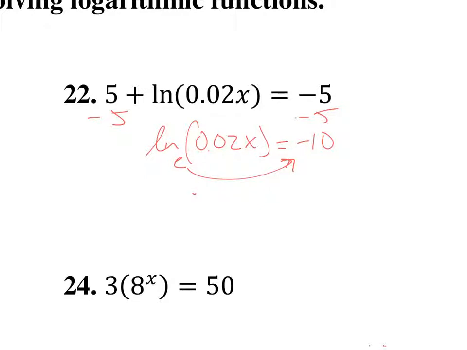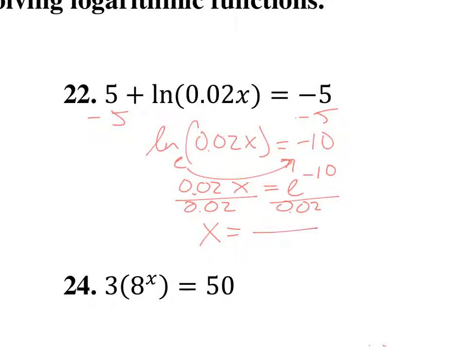And we got 0.02x equals e to the negative 10. Divide by 0.02. I like to put that 0 in front. x equals, now this negative 10 here, we'll drop it downstairs. It's negative on top. It's going to be positive on bottom.